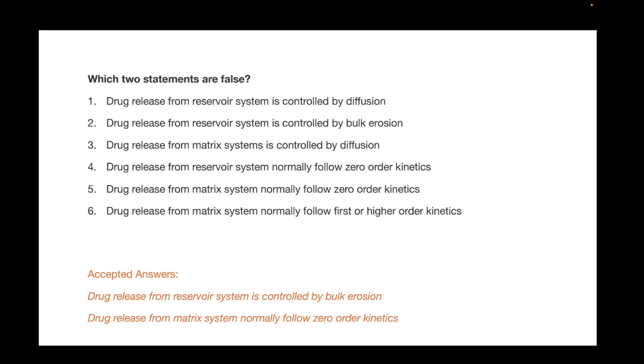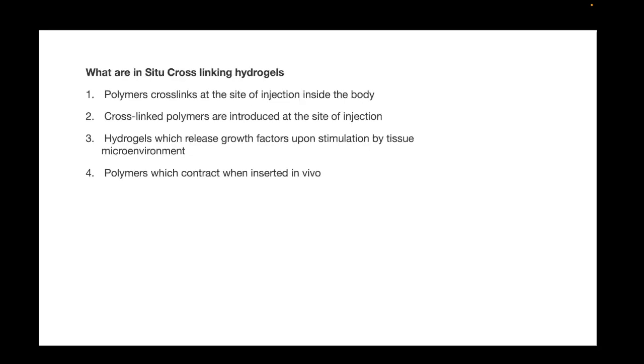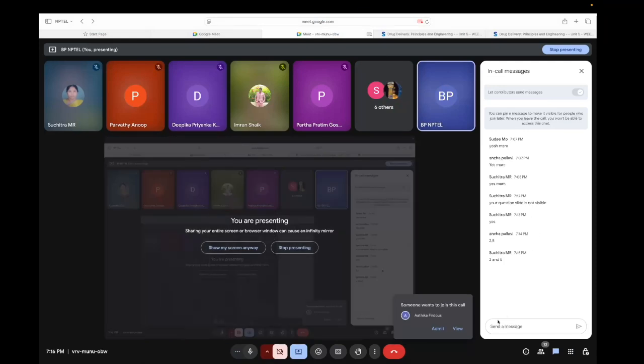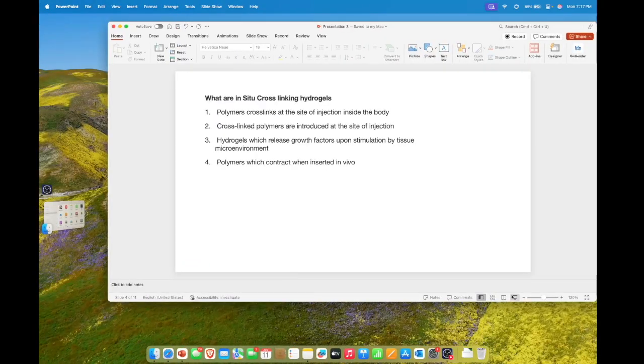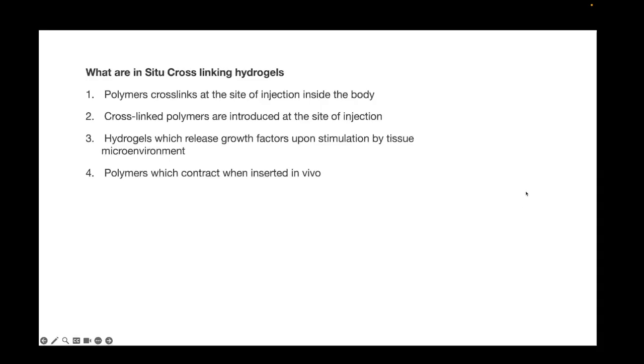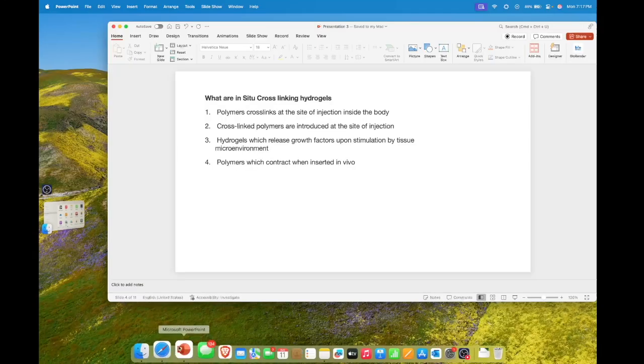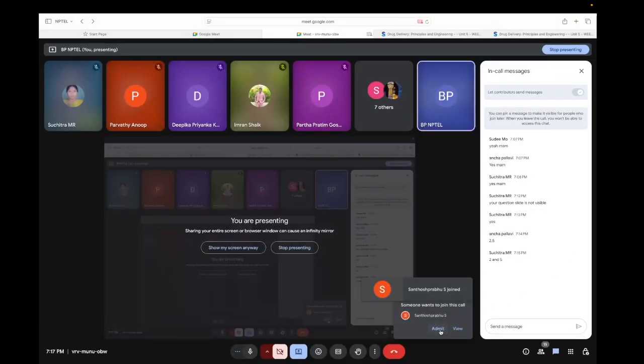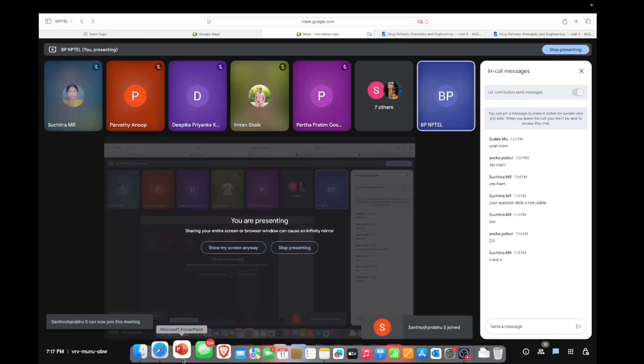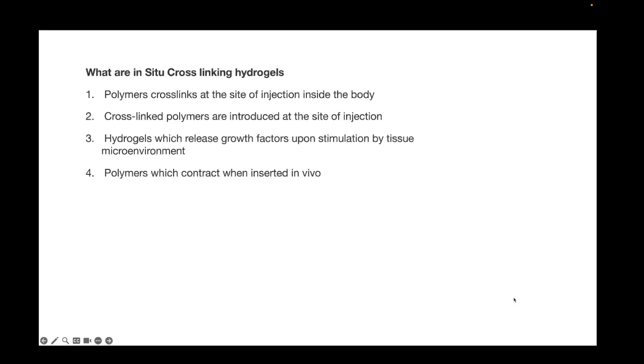Moving on to the next question. What are in situ cross-linking hydrogels?